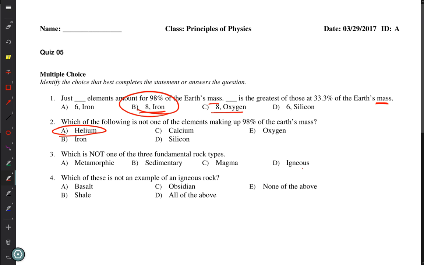Helium is a noble gas, and it's a gas the Earth can't hold on to. If Earth can't hold on to it, how is it that we even have helium? Well, we lose it in the atmosphere. But since we're losing the atmosphere, how do we still have helium? We make it.